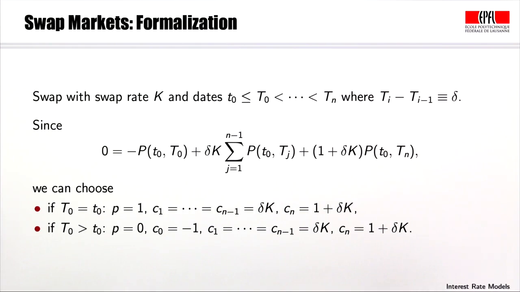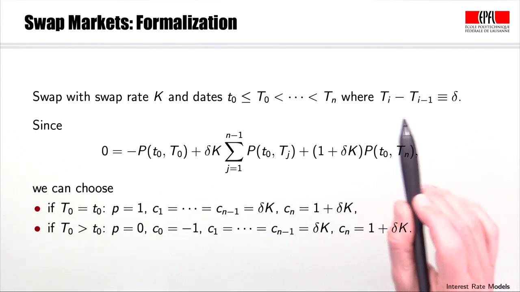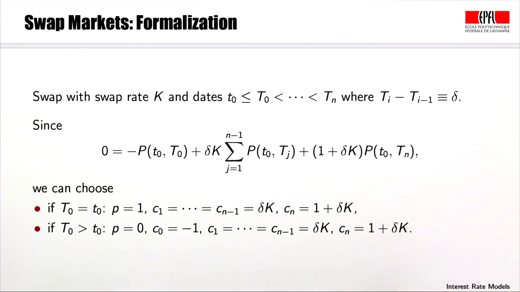Let the fixed rate be K and let T0 up to Tn denote the reset and settlement dates, where for the sake of notation here we assume that the delta is constant. If K is the swap rate, then this relation here holds.